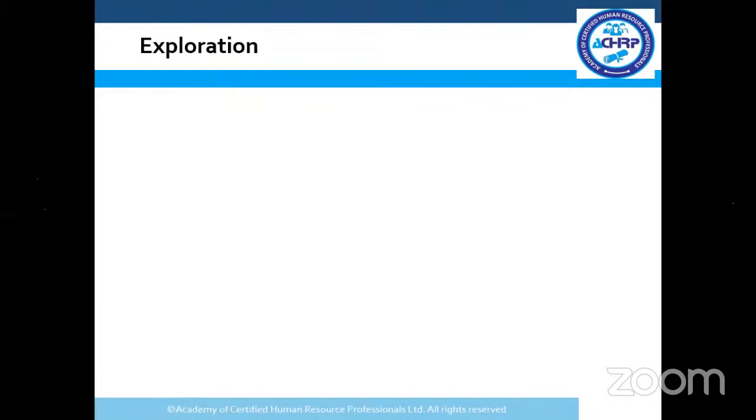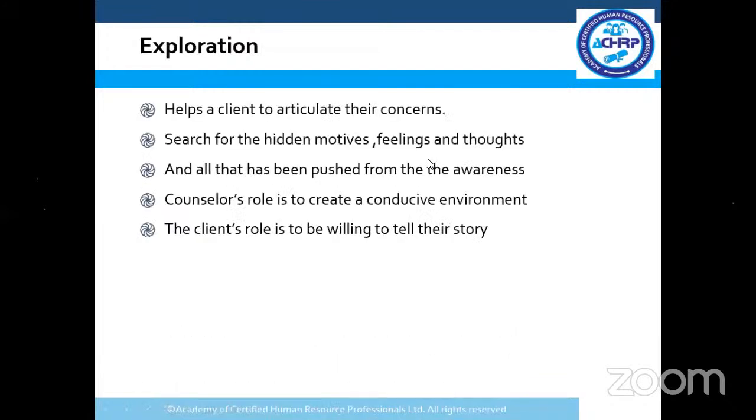Then, when we talk about this counseling process, as I told you, when clients come to us, they are coming so that we can take them through the exploration, so that they can articulate what they're going through, their issues, their concerns. They'll be talking about it, and as someone is articulating, you'll be able to find the hidden motive.